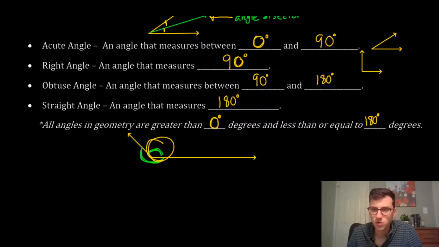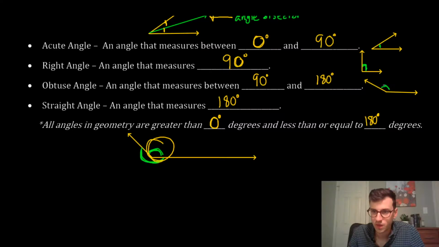Exactly right. And we usually draw a little square here to show that that's a right angle. An obtuse angle would look something like this. That's obtuse.